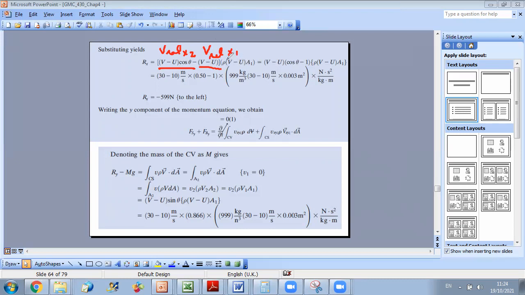Okay, so if you take V minus u into factor, you get what we got together: rho V minus u squared, where V minus u is V relative. Instead of writing V relative, put V minus u. So you get in total rho times (V minus u) squared times A1 times (cosine theta minus 1). You have all parameters, and all you have to do is replace numerically and then you can get the value of your reaction. The reaction turned out negative, meaning Rx is towards the left.